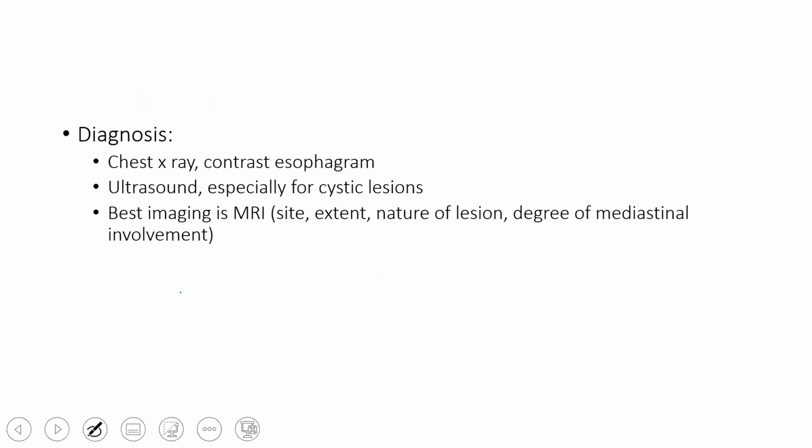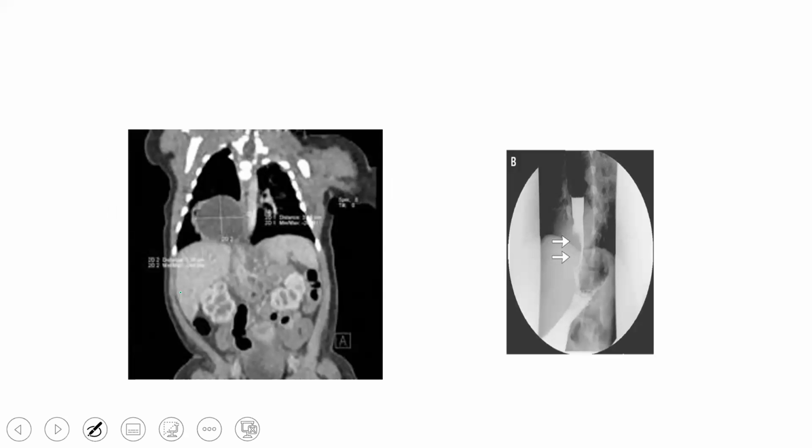To diagnose, you need a contrast study to see the mass. When you do the contrast, you will see a luminal defect because of the mass compression. Then you need a CT scan or MRI to see the extent and degree of the mass. You can see here, we did a contrast, and there's a filling defect.